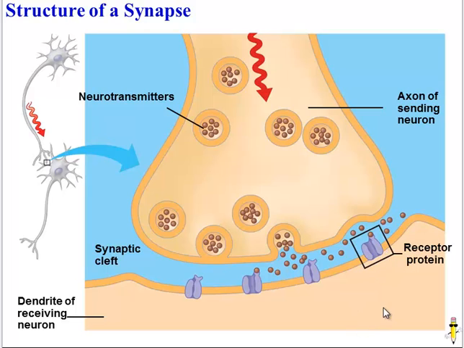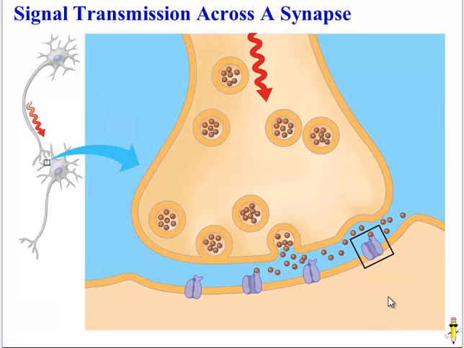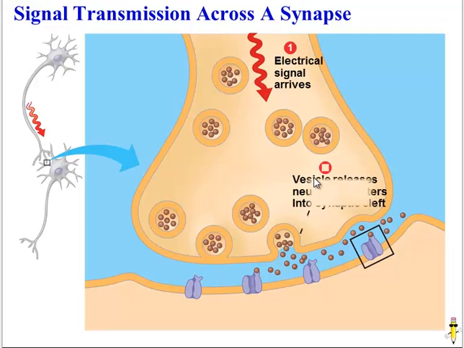So now let's see how these parts work together to send a signal from one neuron to the next. Now you don't need to redraw this diagram, just take a note of the process that occurs. So first we have our electrical signal. It's traveled through the sending neuron and it's reached the end of the neuron. Once that signal arrives, that triggers the vesicles containing neurotransmitters to fuse with the membrane and release the neurotransmitters.